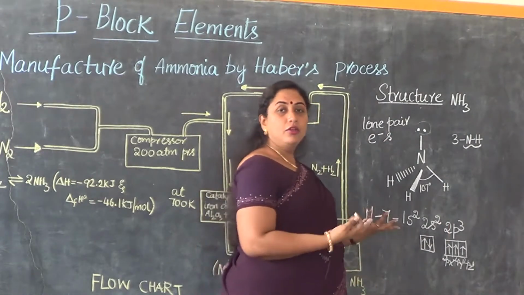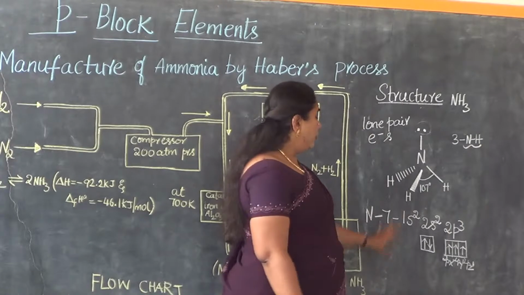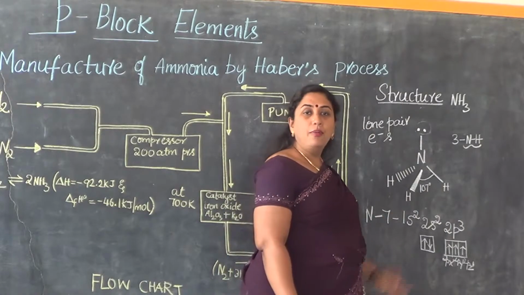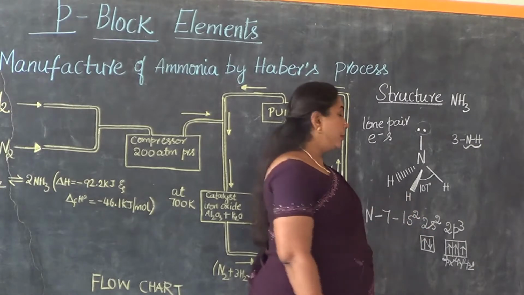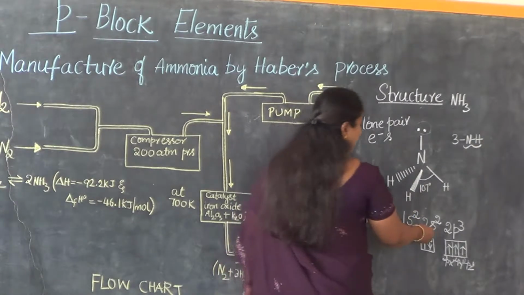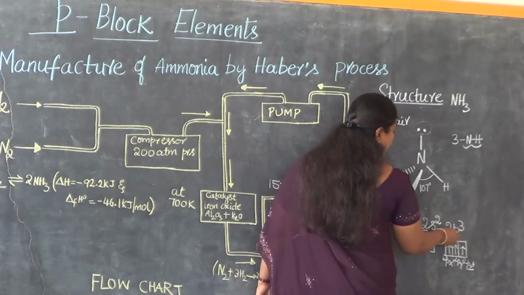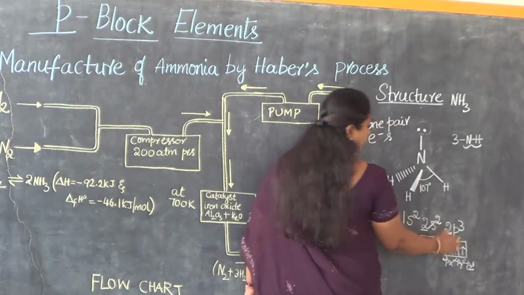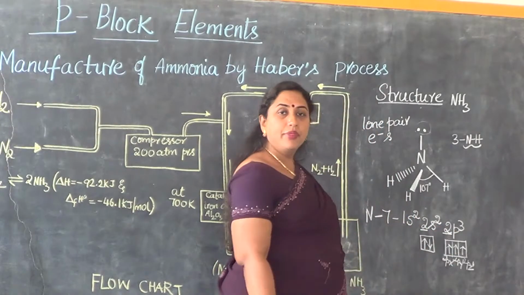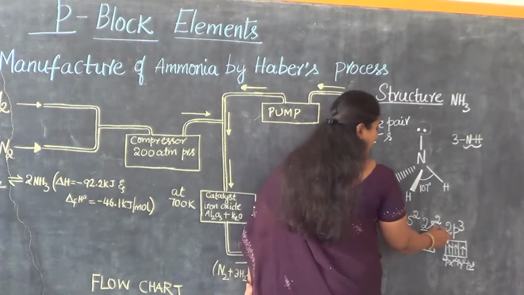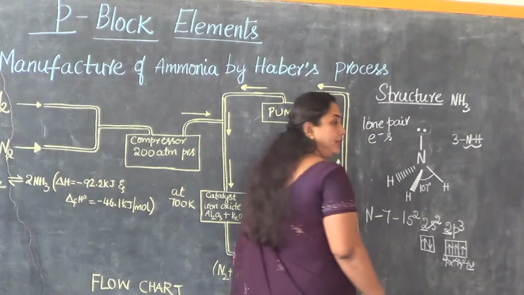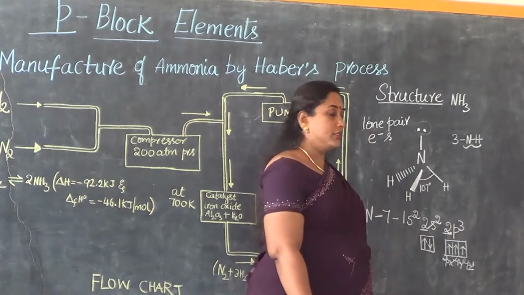Now, which are the electrons available for the nitrogen atom to undergo bond formation? Obviously, the electrons present in the valence shell. Which is the valence shell here? That is the outermost shell. The 2nd energy level is the outermost shell. Let us count the number of electrons present there. You see 2 plus 3, so totally there are 5 electrons.